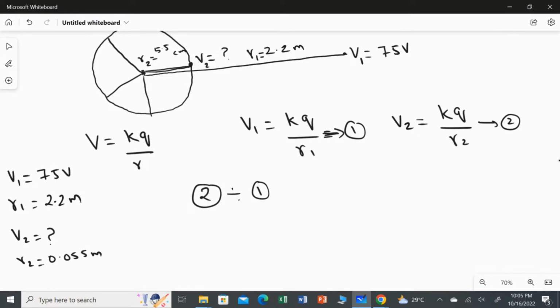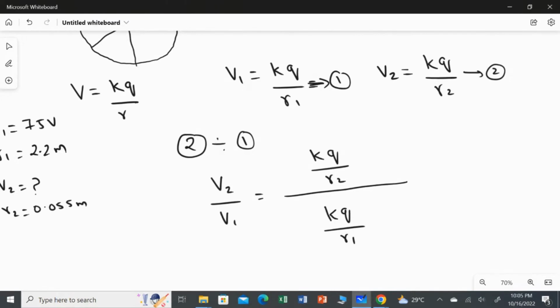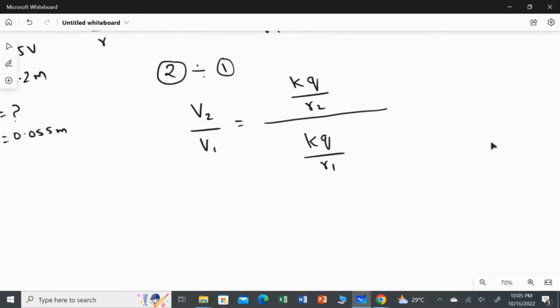First, I'm going to divide the left hand side of both equations. Then the equation becomes V2 over V1 equals KQ over R2 divided by KQ over R1. If you rearrange this equation, V2 over V1 equals KQ over R2 multiplied by R1 over KQ, since R1 comes to the top.